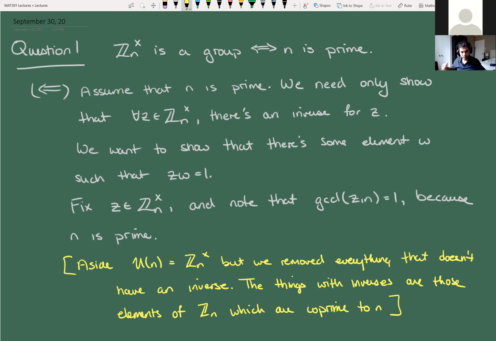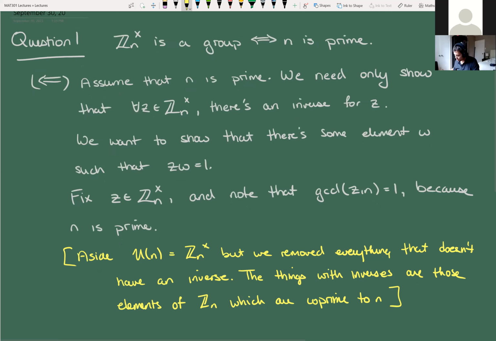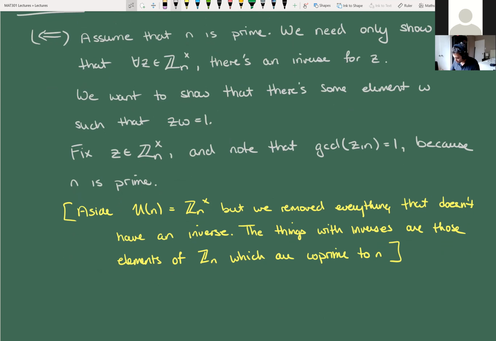Okay, great. So now we're going to continue. So knowing that the GCD of Z and N is equal to 1, by Bezout's lemma, which we love, there exists, let's call it R and S in Z, with ZR plus NS is equal to 1.